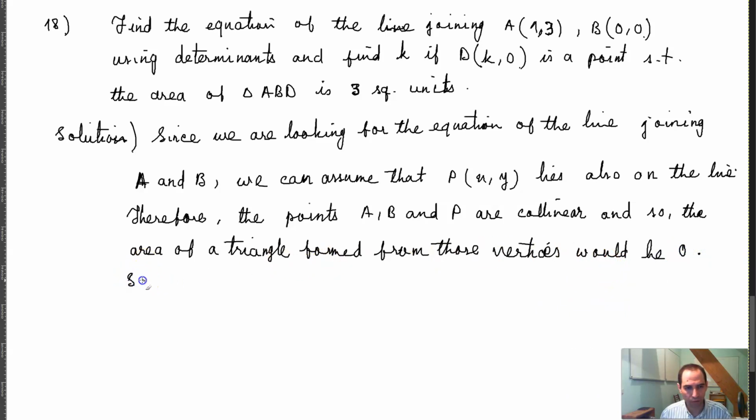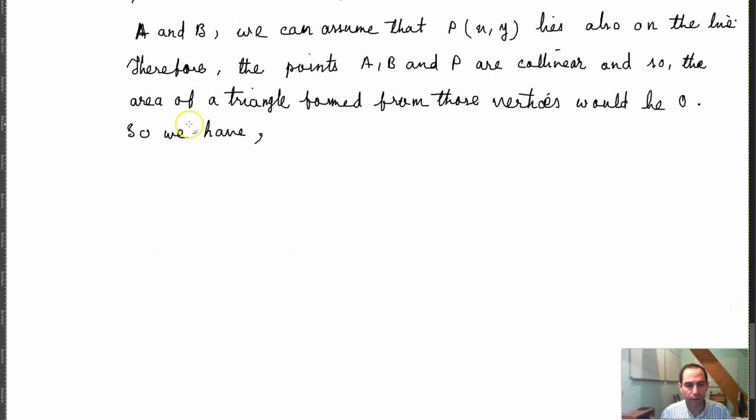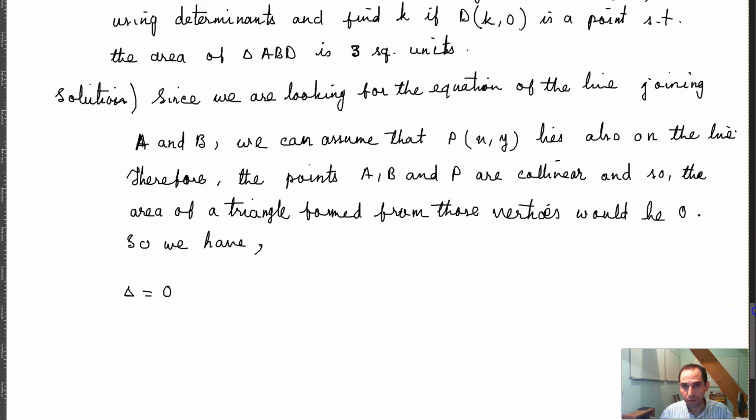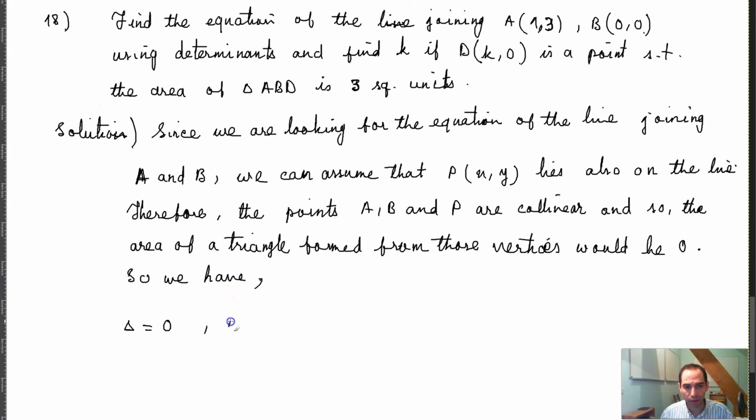So now we have delta is equal to 0 because the area of that triangle is equal to 0, and the points that we have are A, B, and P. So the coordinates of A are 1, 3, the coordinates of B are 0, 0, and the coordinates of P are x, y.